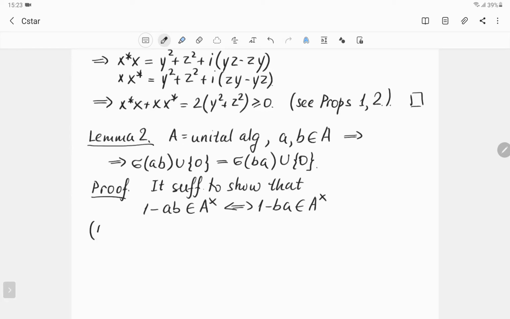Just because in the general case, for each non-zero number lambda, we can write ab minus lambda as minus lambda multiplied by (1 minus lambda inverse ab). So the invertibility of this element is reduced to the invertibility of 1 minus lambda inverse ab.